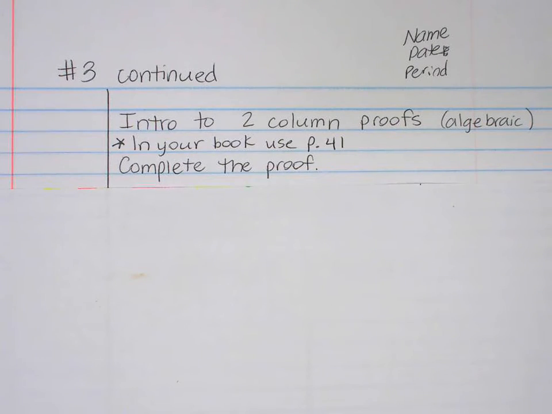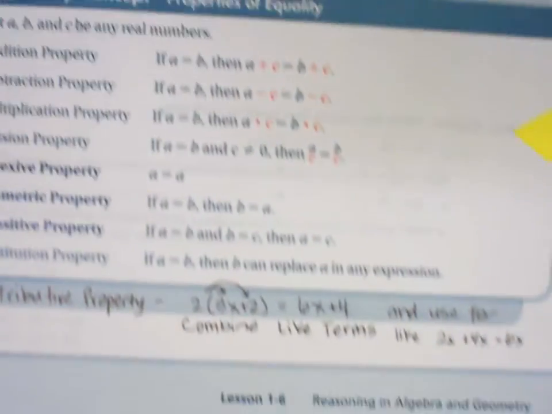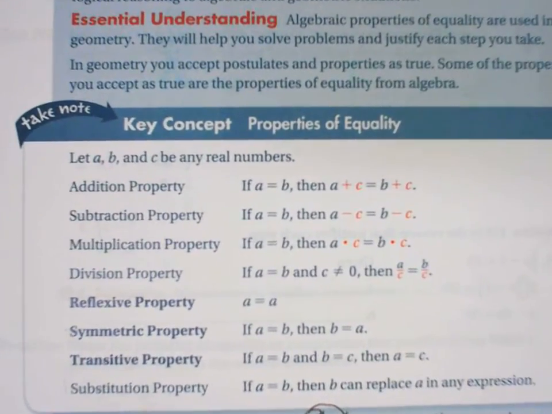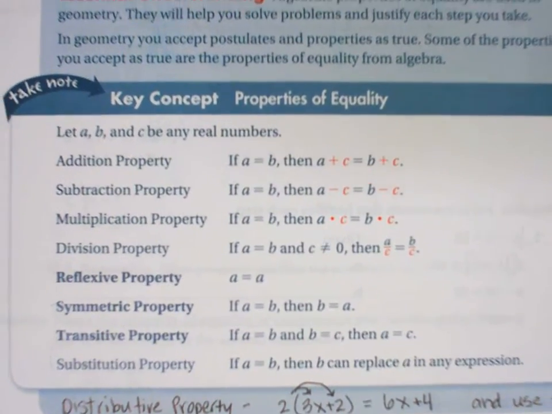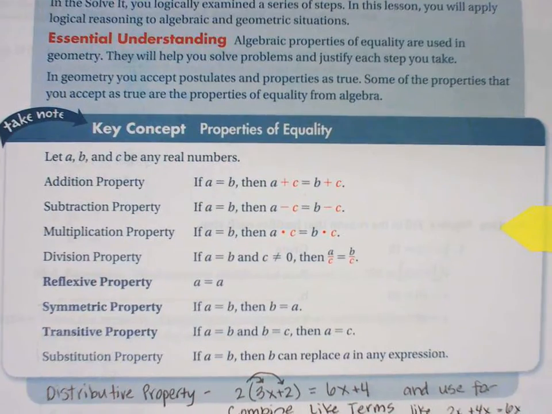In your books, I'm going to show it. Page 41 has a list of properties of equality. So I'm just going to show it real quick. It's page 41. And it has all these different properties, which you should have learned in Math 1, but you may not have, which is fine.